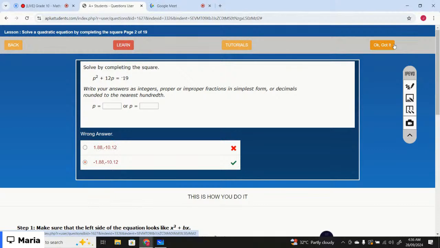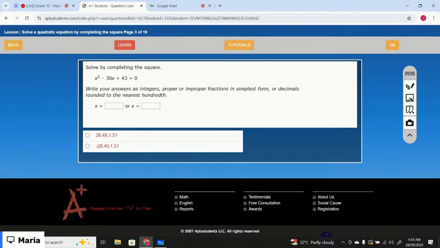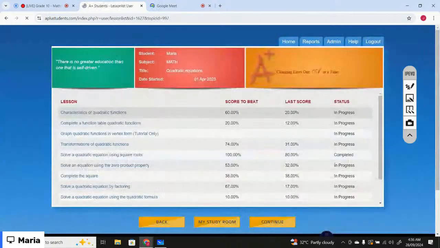Okay, so you can complete the lesson by yourself later today. So we were working on grade 10 math. The chapter we were working on is quadratic equations.